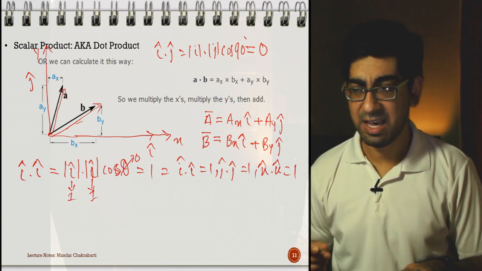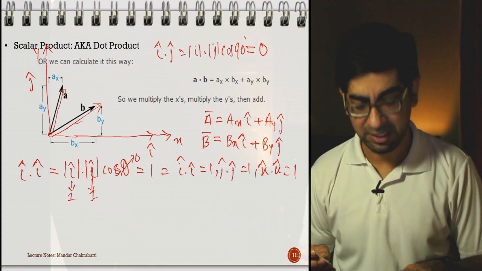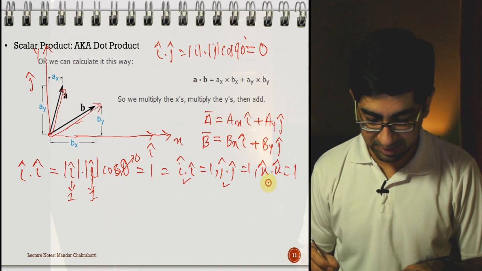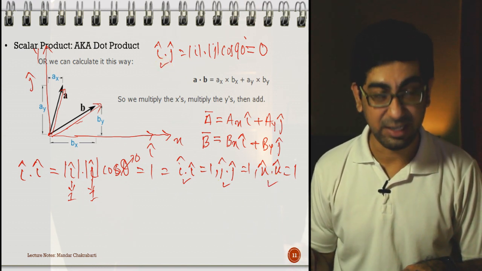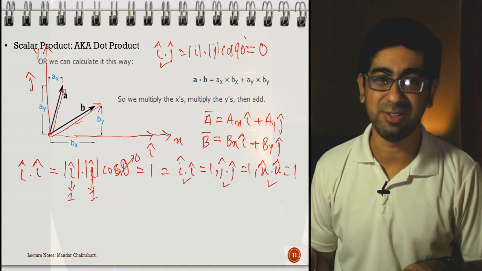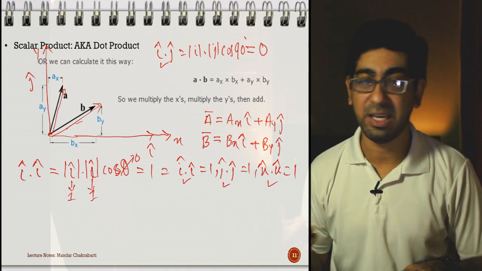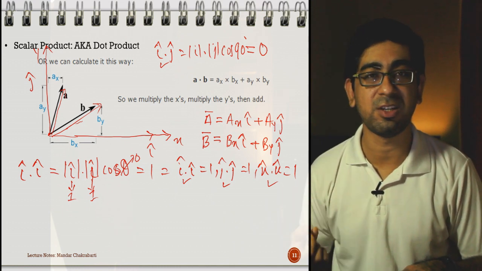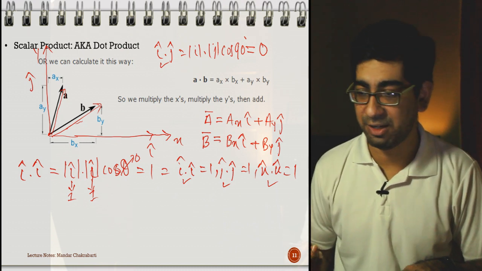So i dot i, j dot j and k dot k are possible. i dot j is not possible. Same way, j dot i is not possible. i dot k, not possible. k dot i, not possible. j dot k, not possible. k dot j, not possible, because these would only result in a 0 value.